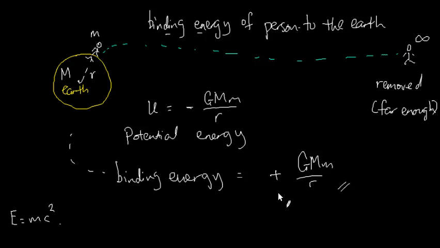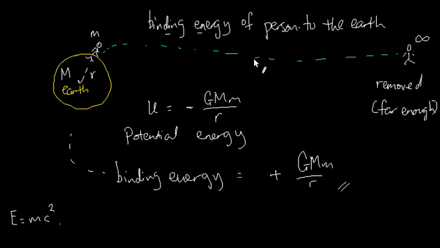Well, when we bring the person from Earth to infinity, we have to do work on the person. This work done means that the potential energy of the person increases by the amount of the binding energy.